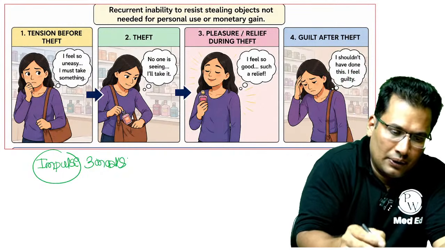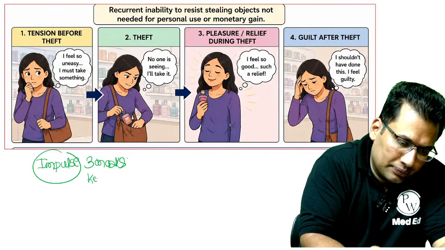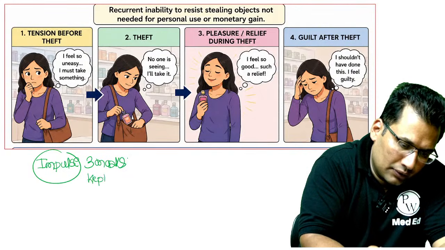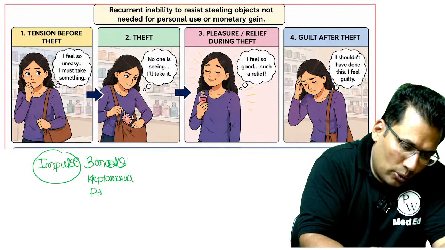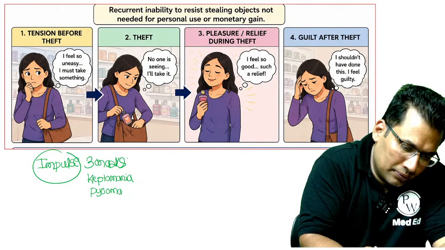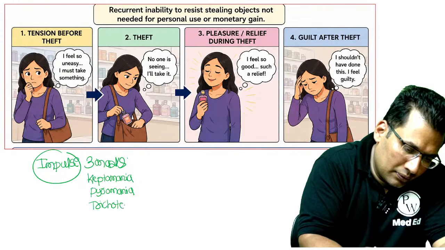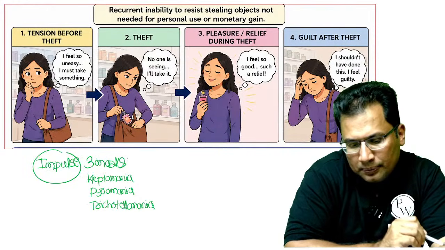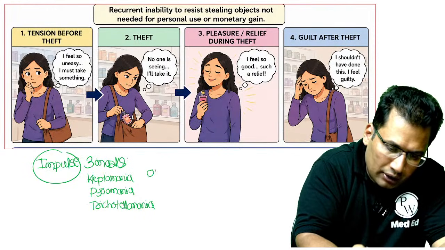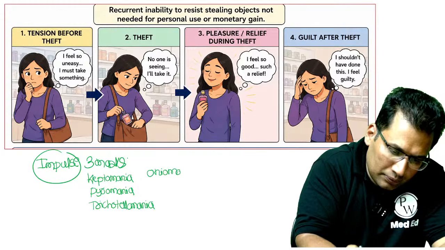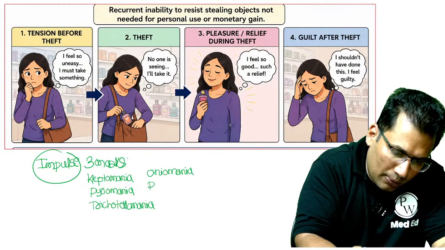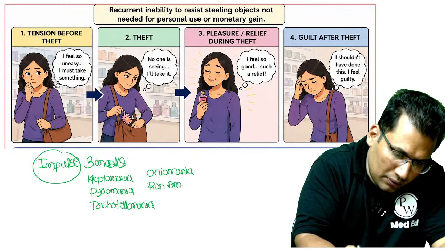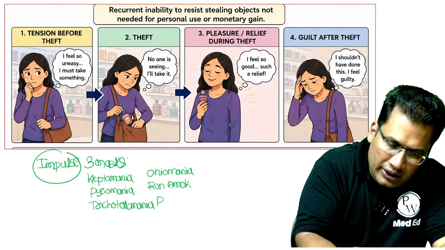For example, kleptomania. Pyromania. Trichotillomania. Oniomania. Run amok. Pathological gambling.